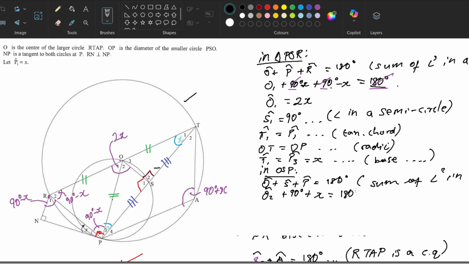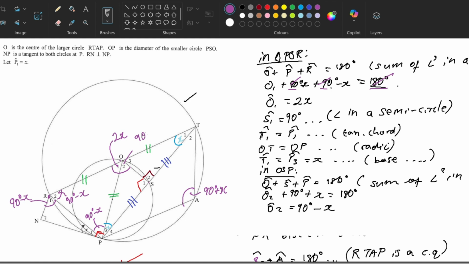Then we are going to transpose this 90 degrees to the other side, it is going to be negative, and then our 180 is going to be 90, and this x, when you transpose it to the other side, is going to be negative x. So here we also know that we are having 90 degrees minus x.